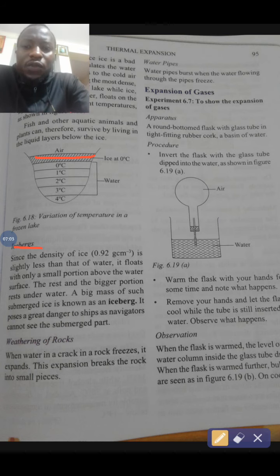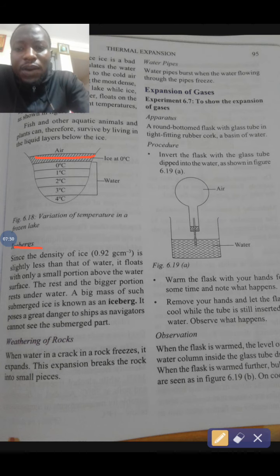You know that when we compare the density of water and the density of ice, ice has a lower density compared to that of water. So when water freezes to form that ice, the ice will float on the surface of water. When this ice floats on the surface of water, it will pose some threat.